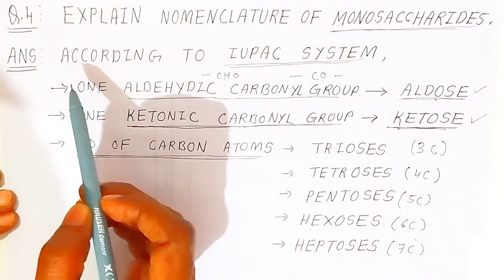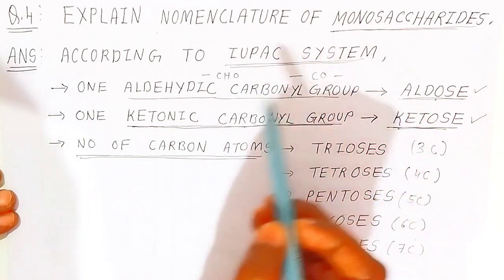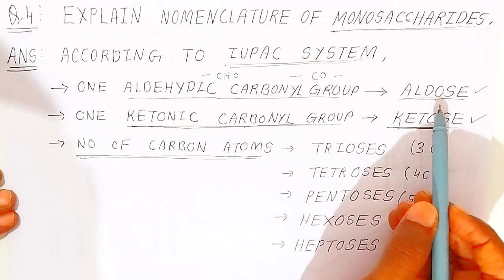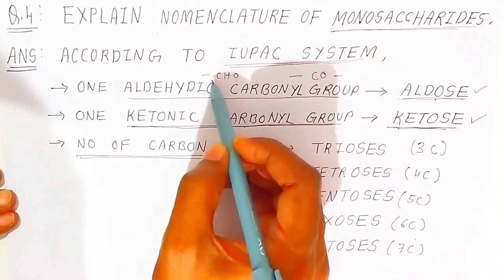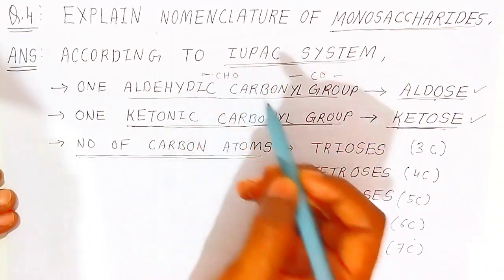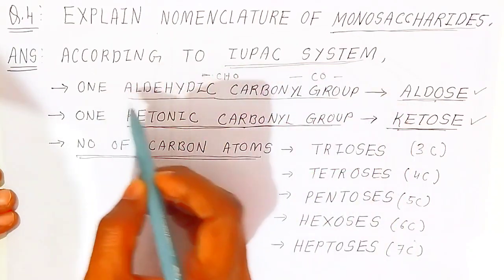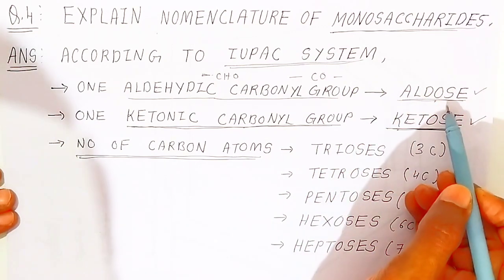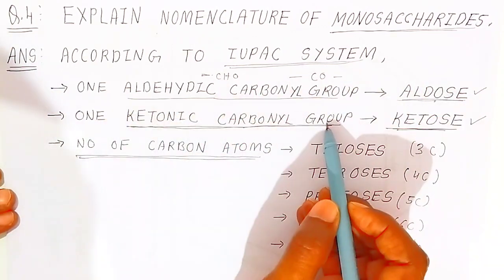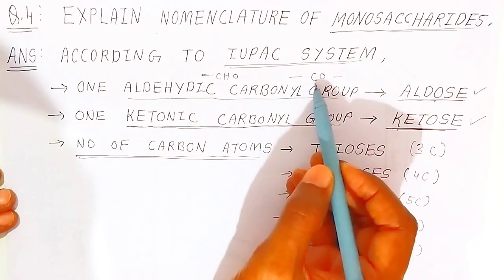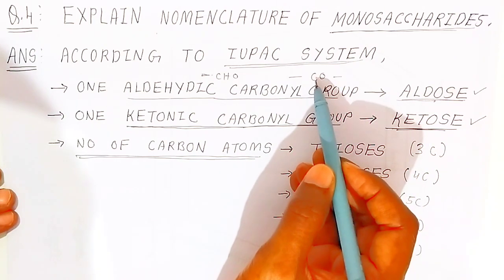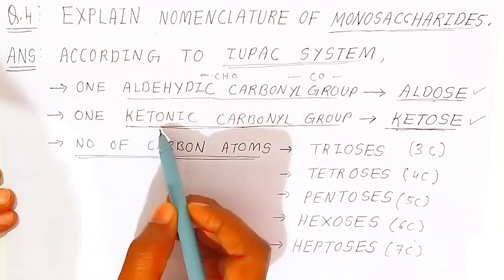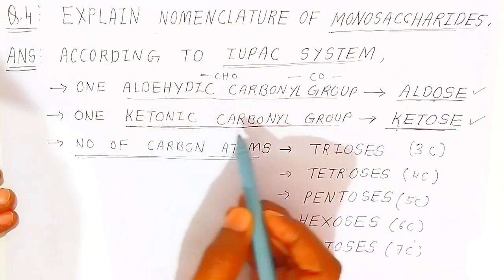According to the IUPAC system, a monosaccharide containing one aldehyde carbonyl group, that is CHO, we call aldose. And one ketonic carbonyl group we call ketose. The carbonyl group, shown as CO, if present in aldehydic form we call CHO; if present in ketonic form, that carbonyl we call a ketonic carbonyl group.